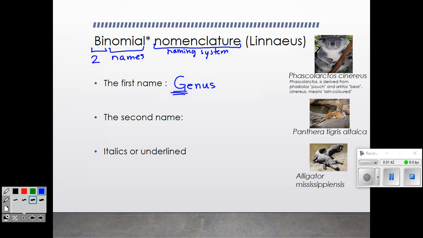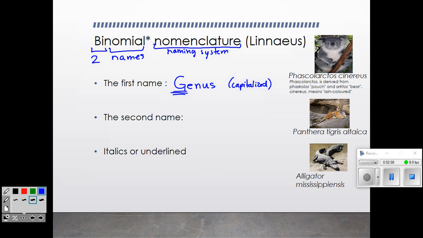The genus is like the group that you belong to. So if we make an analogy with people, my last name is Baxter. It would be the first name in my scientific name because it's the group that I belong to. Okay? So the first name is the organism's genus, and we would certainly have this capitalized.